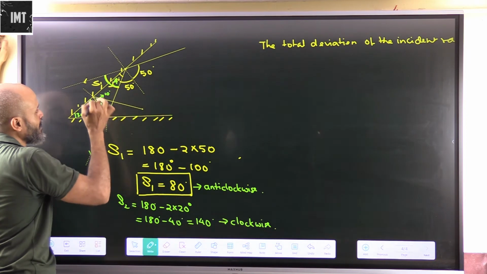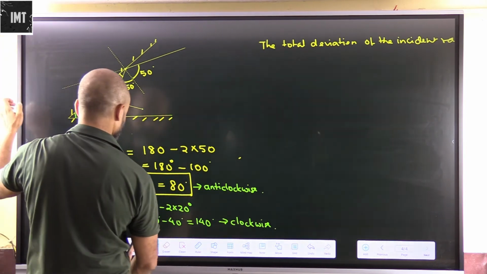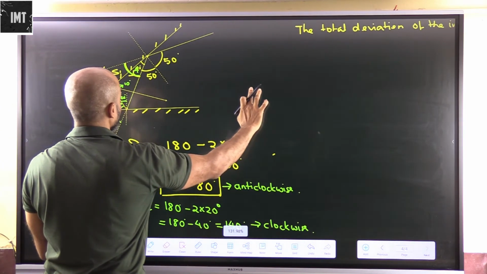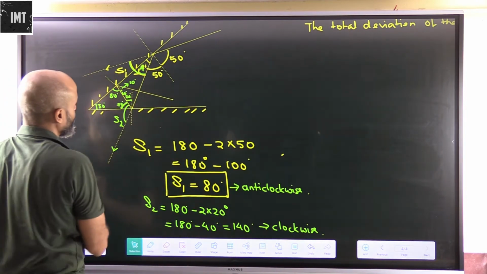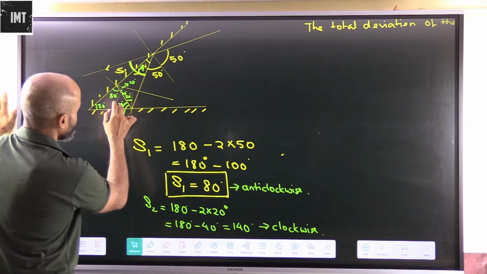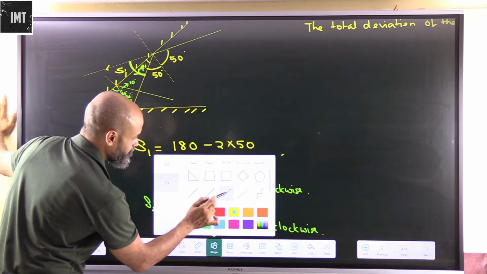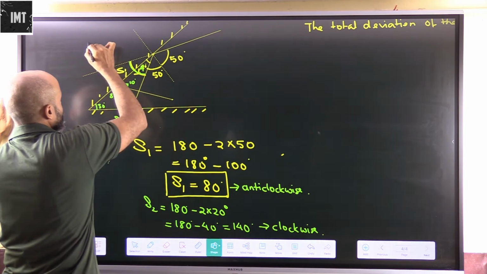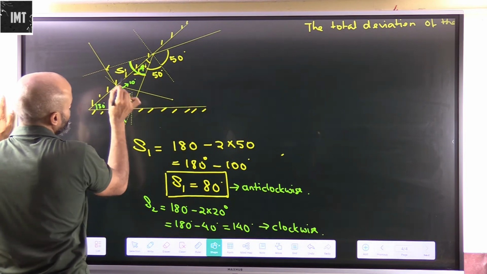Now let's look at the deviation here. If I draw a ray of light like this, this is the extended ray that was going in this direction, but it got deviated by this.